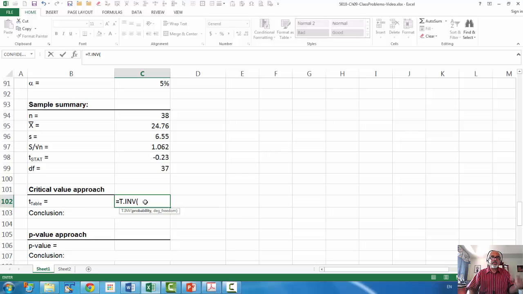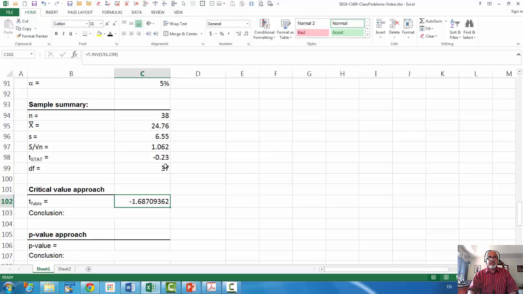So what we want is alpha itself. It's not 1 minus alpha over 2, because that would be the cumulative area for the right side. The cumulative probability for the left side is just the tail area, and then the degrees of freedom.